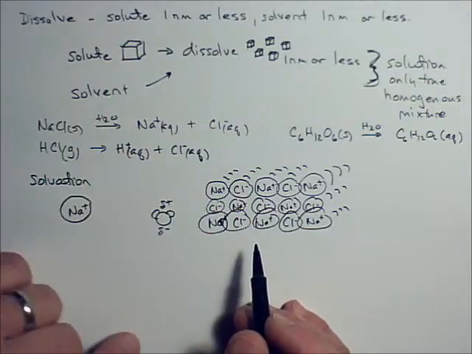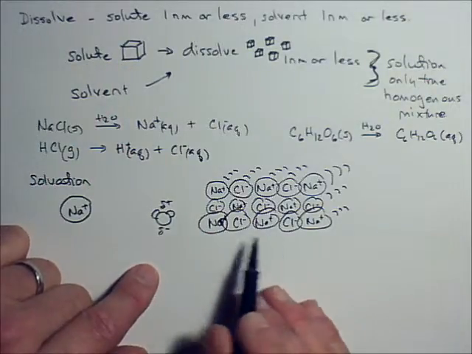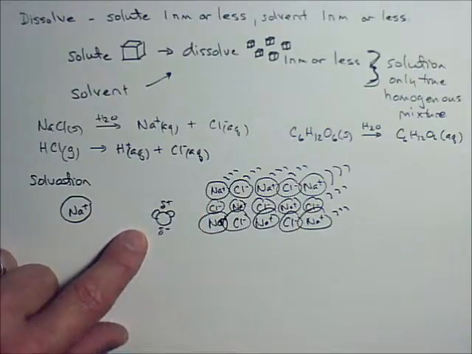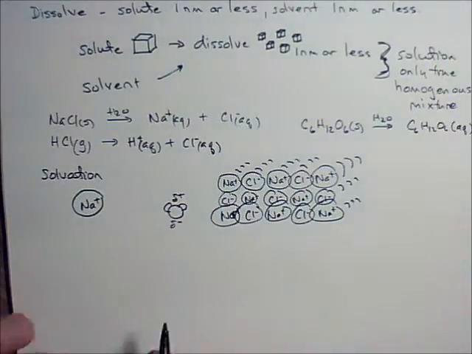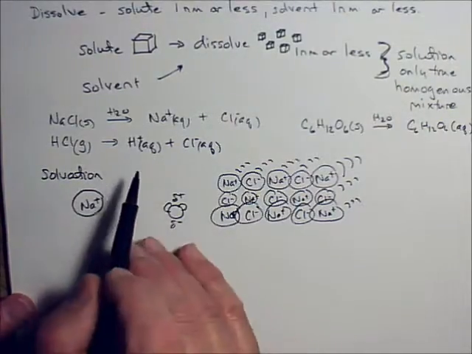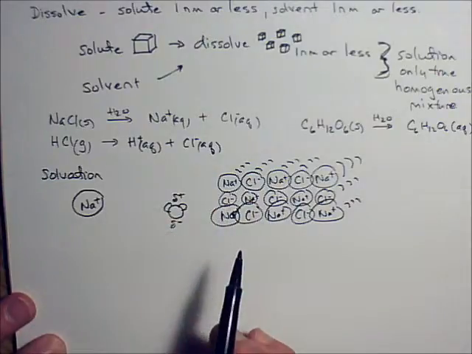All right, so how is it we get this block of stuff dissolved up into these individual water molecules? Well, that's the process we call solvation. It's a specific kind of process when we're looking at an ionic substance or an acidic substance.